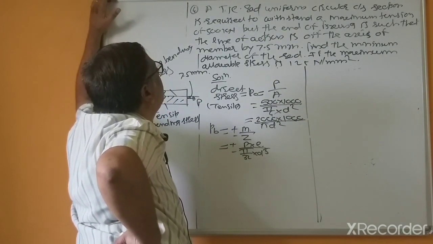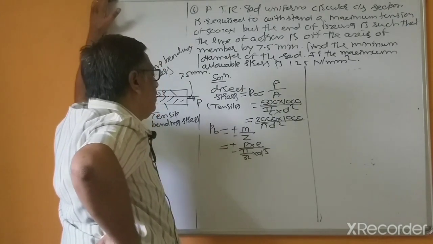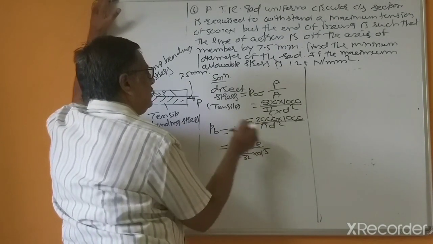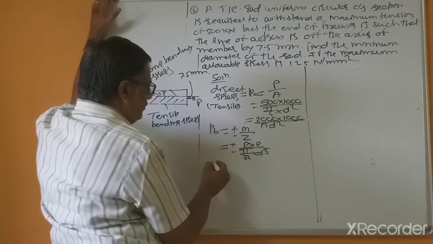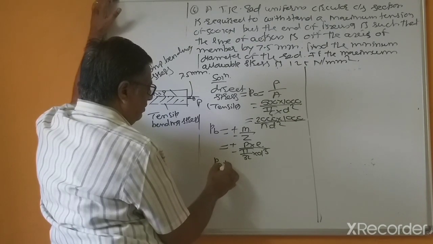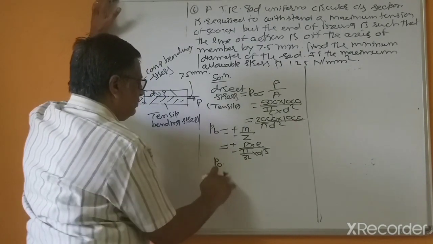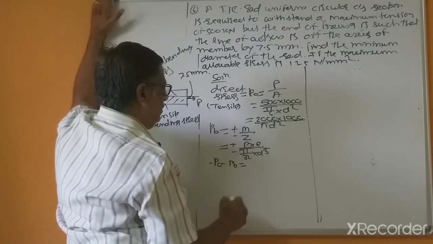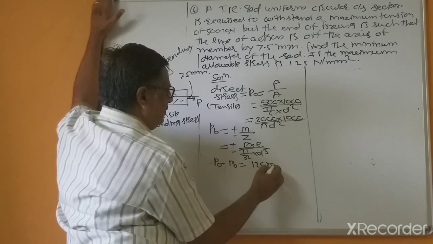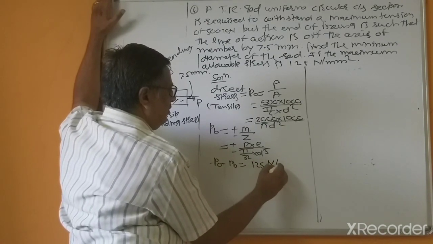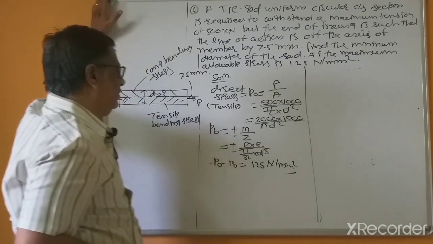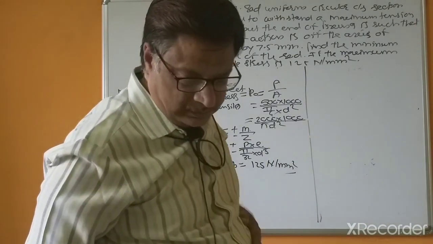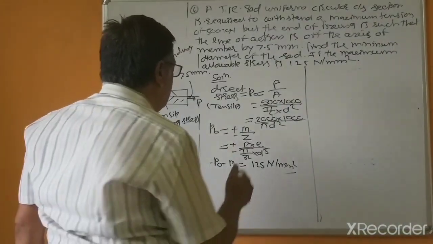Now, if the maximum allowable stress is 125, because this is tensile, that's why it is P0 plus, actually this is minus PB, equal to 125 Newton per mm square, because numerically this is correct, right?